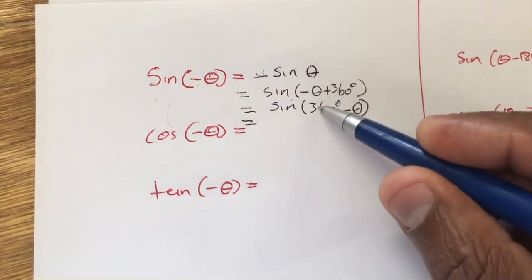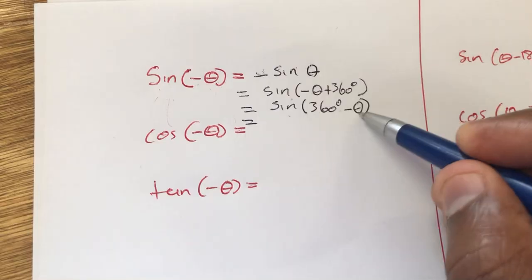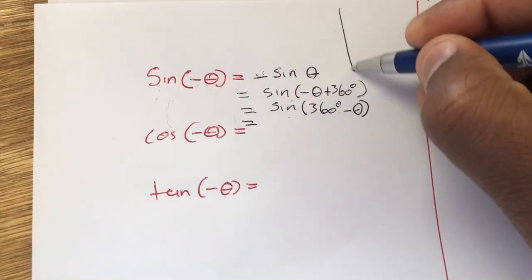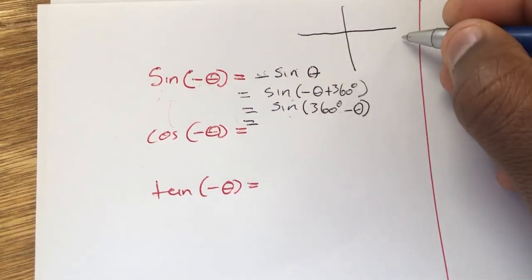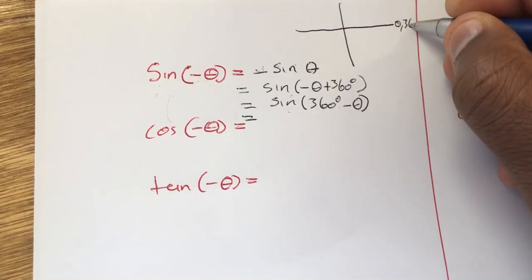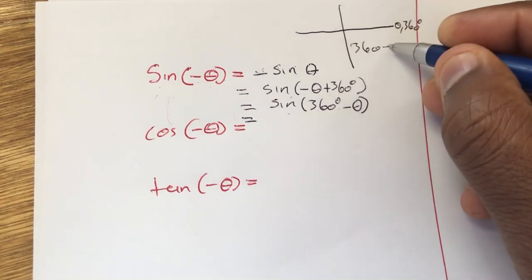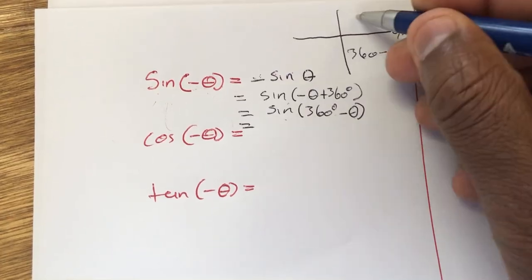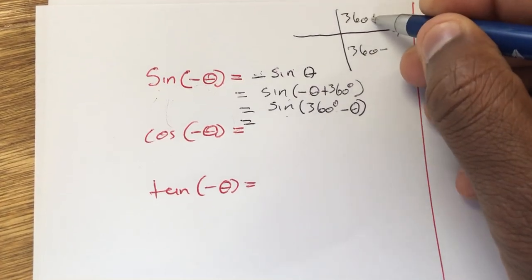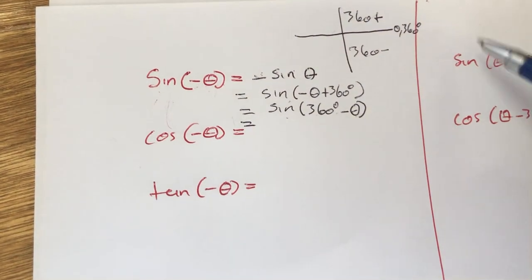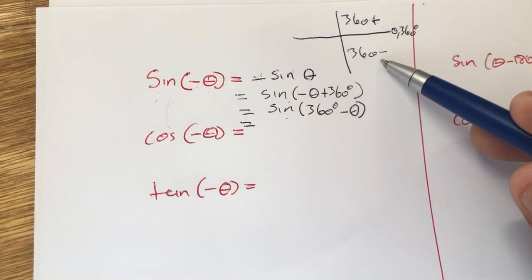Now, the sin of 360 minus theta, if you check your quadrants, this is 0 and 360 degrees, okay? So this will be 360 minus an angle. This will be 360 plus an angle, okay? This is the first and the fourth quadrant.